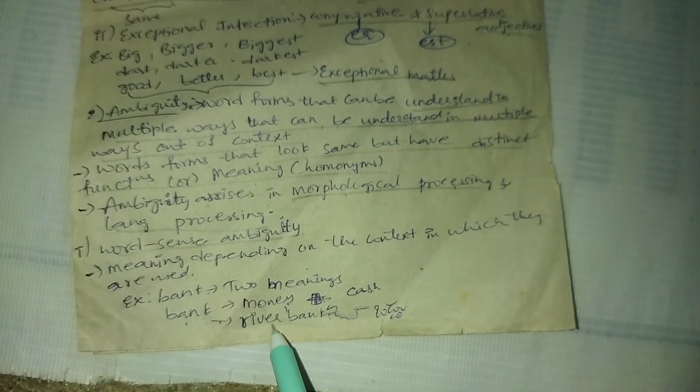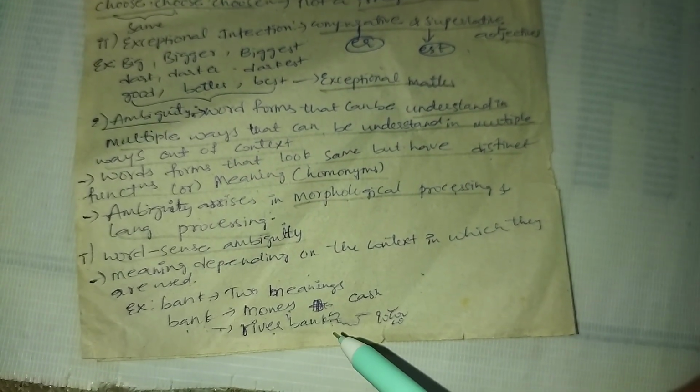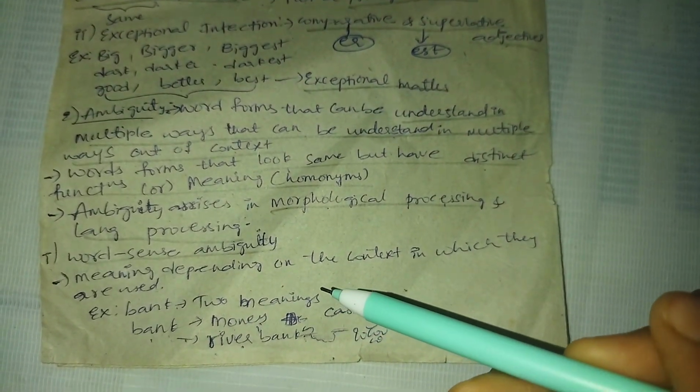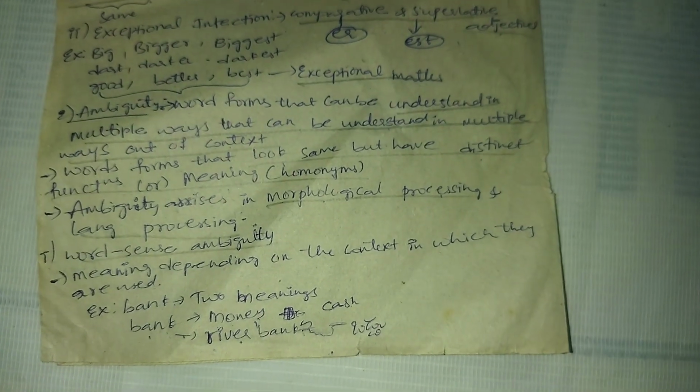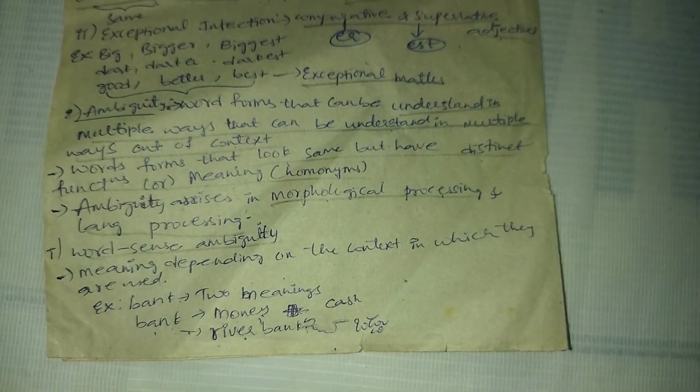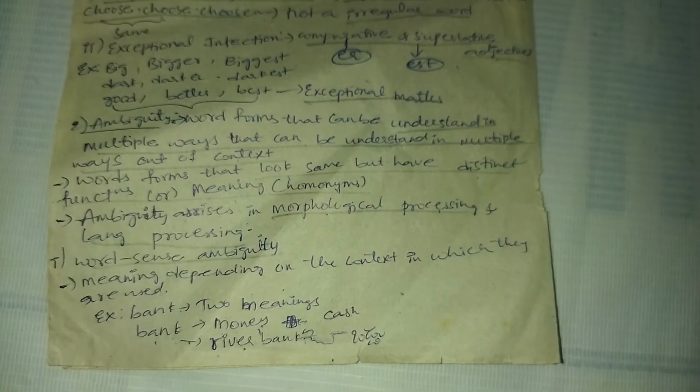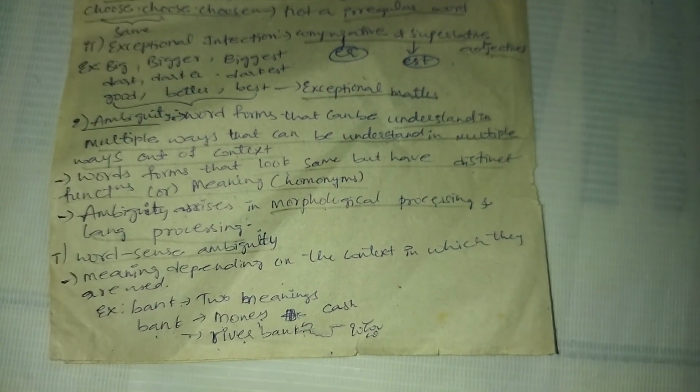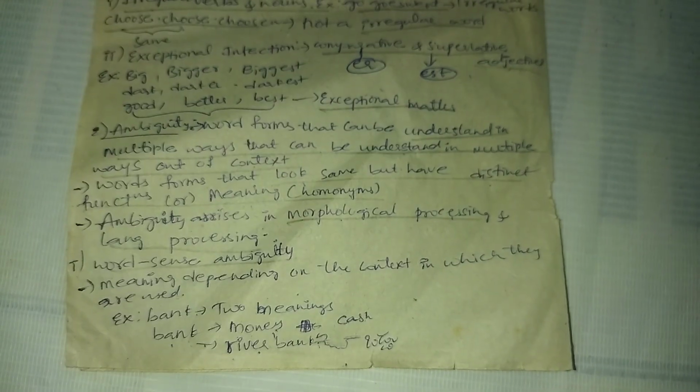In the other case, like a river water bank, in Telugu oddu, we also use the word bank. Writing the word bank, it is difficult to understand in which sense we are using it. This is the example of word sense ambiguity.